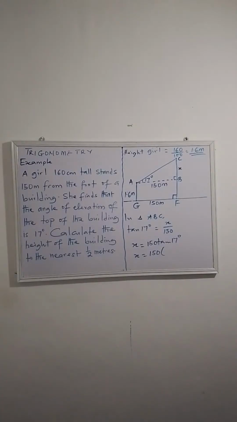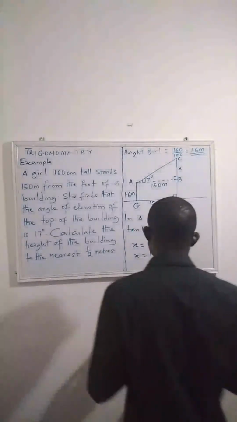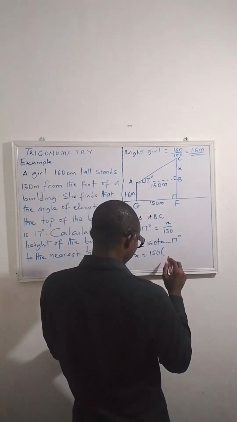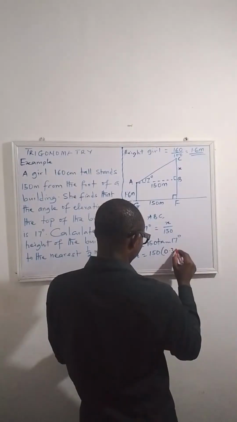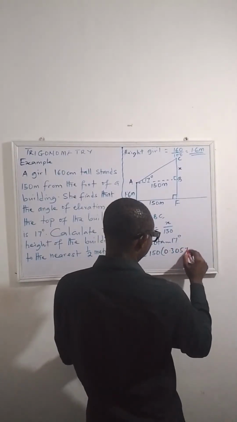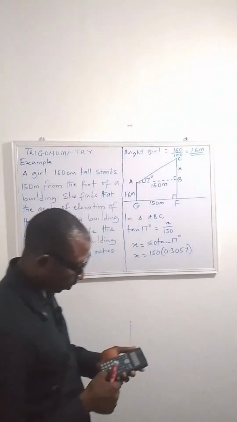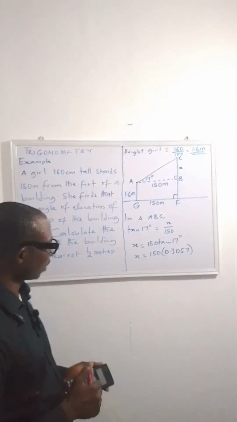Okay, I can see Gabriel and Shabi. 0.3057. That is good. That is correct. With what I have here, tan 17 is 0.3057. Okay, so I want to believe every one of you is doing well.